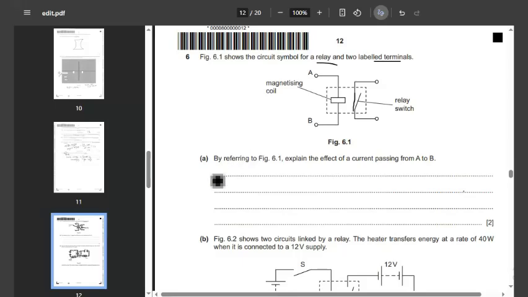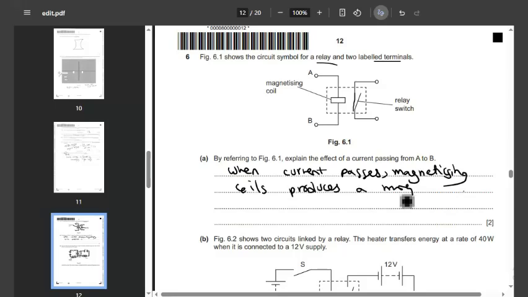So we can write when current passes, the magnetizing coil produces a magnetic field. And this magnetic field attracts the relay switch, which closes the circuit.